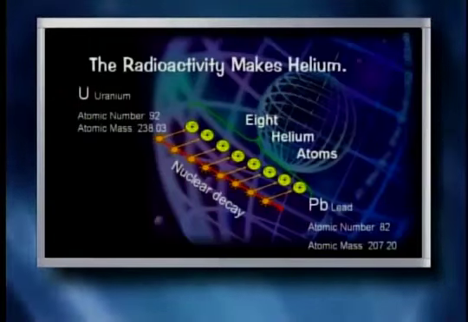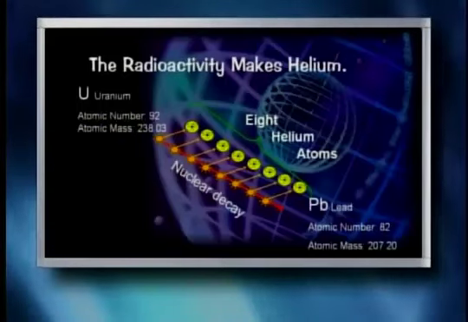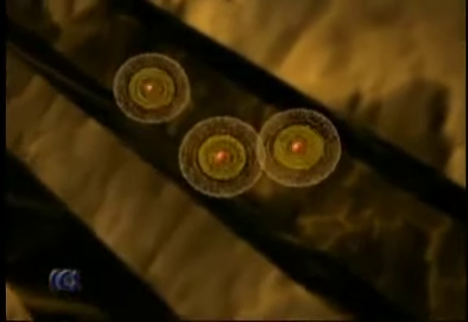Uranium is the parent product, and it decays into lead and helium, which are the daughter products. It has a whole decay chain along the way, and each time it throws out an alpha particle, it damages the material and leaves evidence. When you slice through the rock, even though it's actually an elongated thing, it gives the appearance of being a little halo.